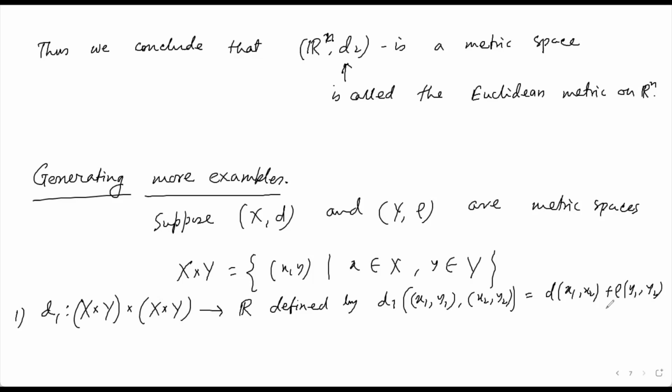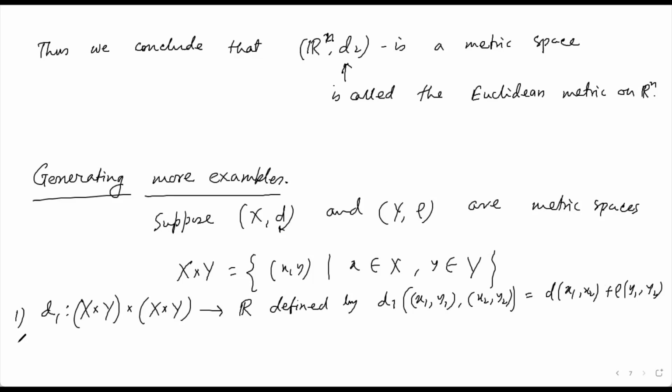So x1, x2 are in X, so d of (x1, x2) is well defined, and rho of (y1, y2) is also well defined, since y1, y2 are in Y.